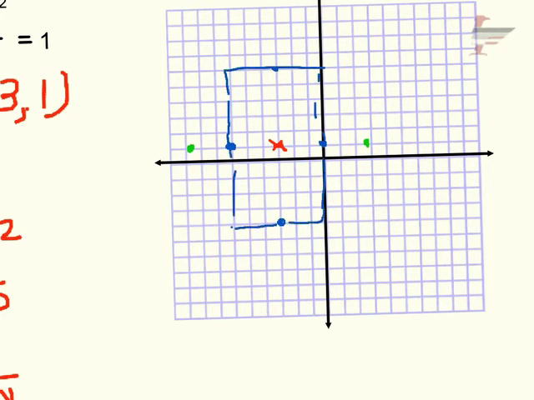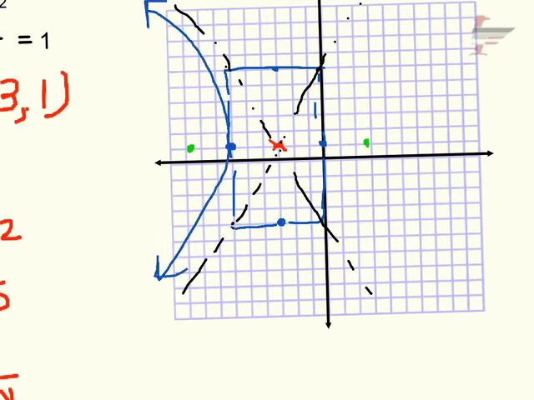Okay, so I can draw in my asymptotes going through my center from corner to corner on my box. Corner to corner going through the center of my box. There are my asymptotes, and then I can draw in my branches. So they have to be very wide hyperbola branches, right, going through my vertices.